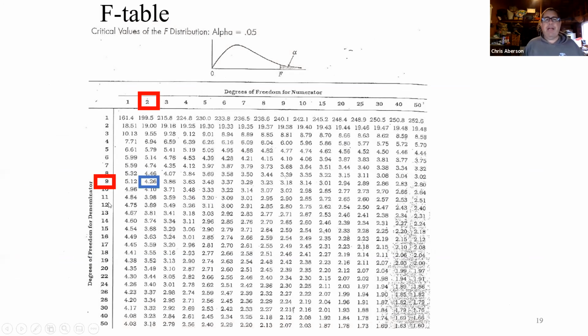We line those up, and we get the value of 4.26. We could compare our F value to that. Clearly, our F value falls well above that, which would be in this reject the null hypothesis range up here. We don't really use this approach anymore, but that's the way we used to do it back in the day. And you'd always have to carry around these tables with you or a textbook.